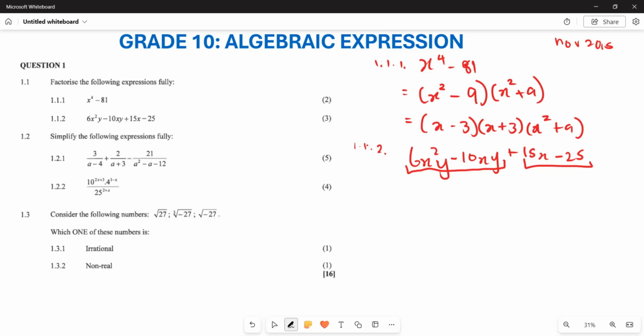Is there anything that is common here? As you can see, both your 6 and your 10 are divisible by 2, right? So which means here you're having 2, x and y that are going to be common in these two, right?